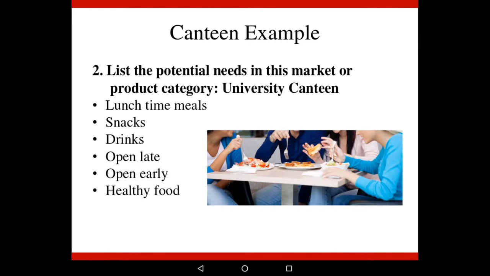They want healthy foods to keep their brain stimulated. Convenience, they want it to be very fast and convenient. They want it to be fast because they only have so much time in between classes. And of course there can be lots more in the list, but this is just a small version of the list.